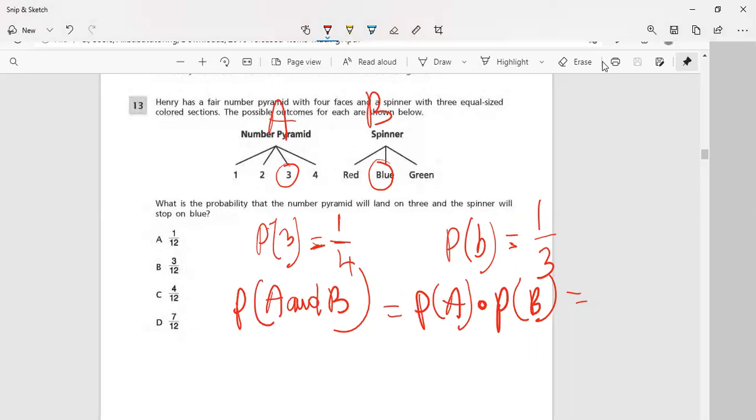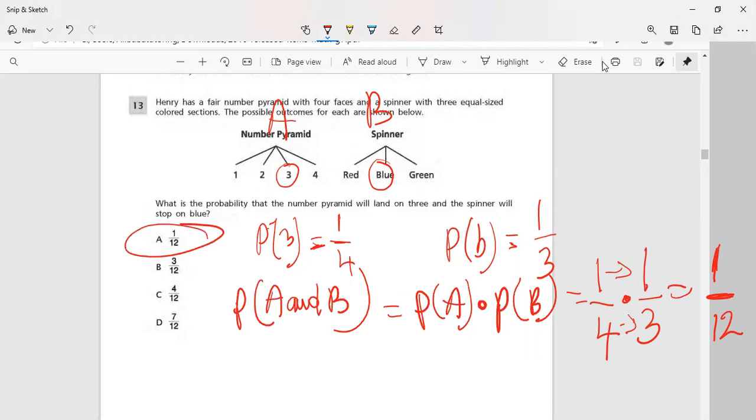So the probability of A is 1/4 times the probability of B is 1/3, and you multiply them, top times top, bottom times bottom. 1 times 1 is 1, and 4 times 3 is 12. So the answer is 1/12.